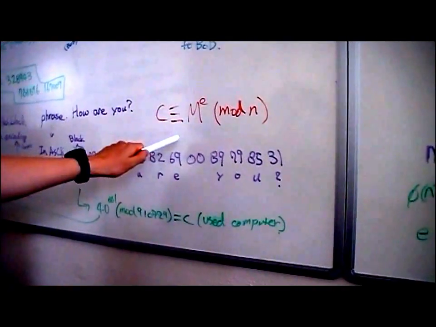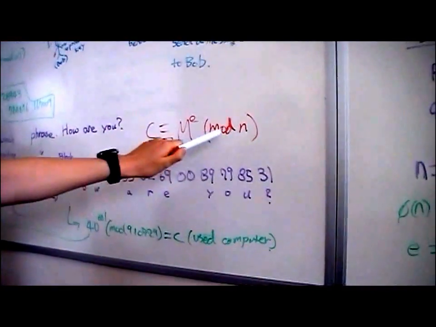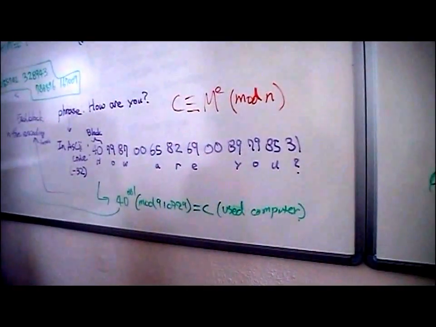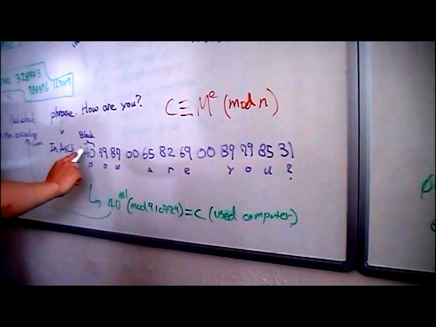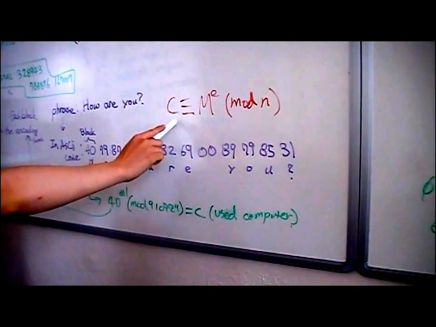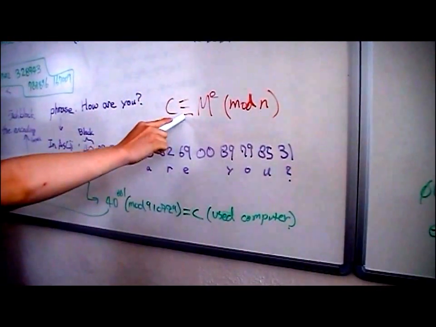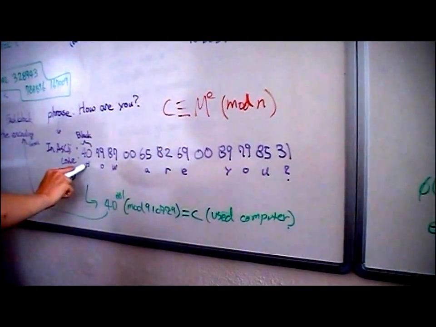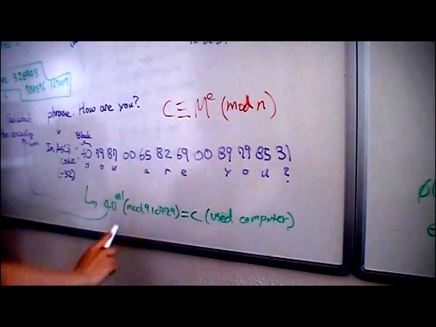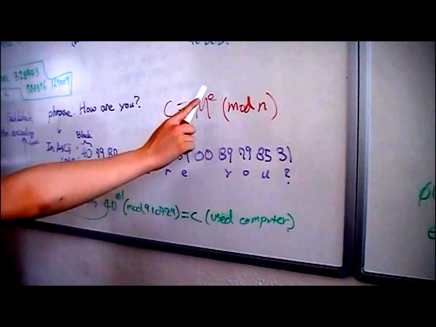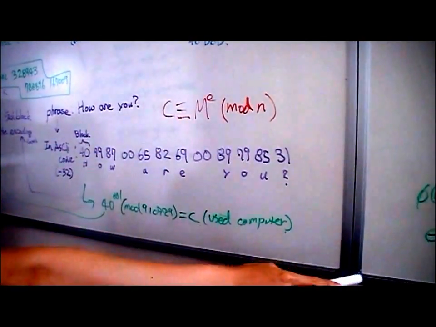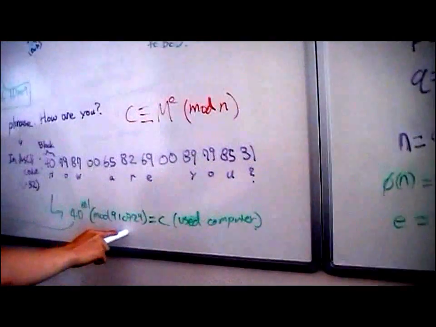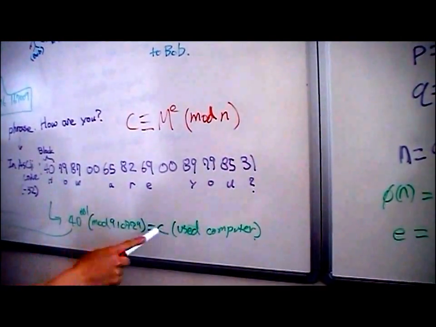Using that formula again, with e and n, as n was 910,729, I use each block in that formula to get an encrypted block. For example, 40 in that formula will be 40 to the power of e, which was 881, mod 910,729, will be c.